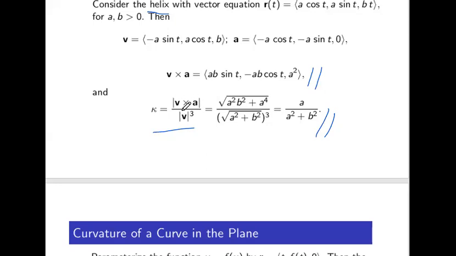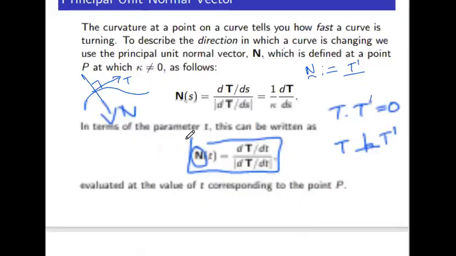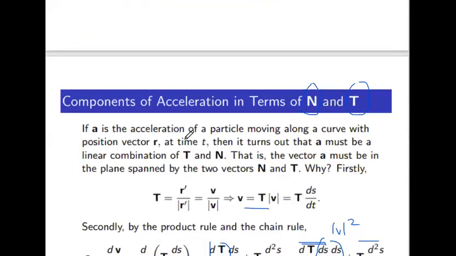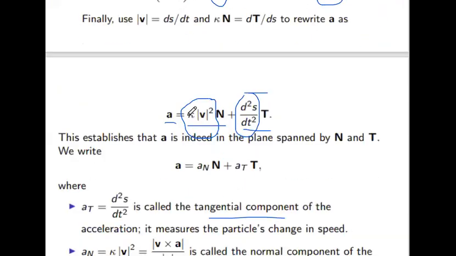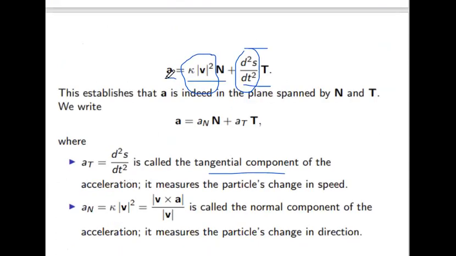We can substitute this into there, and when you simplify this, you get the normal component of the acceleration.